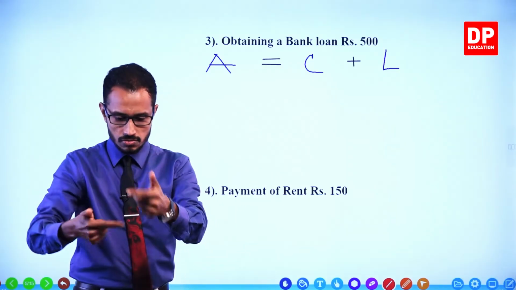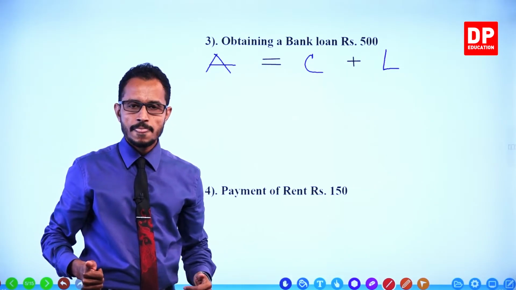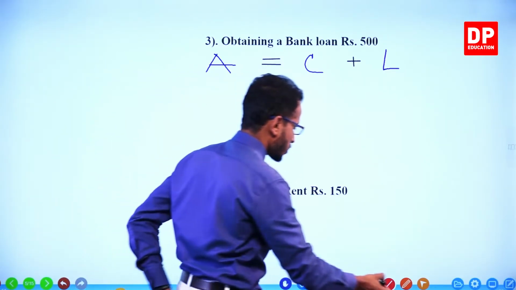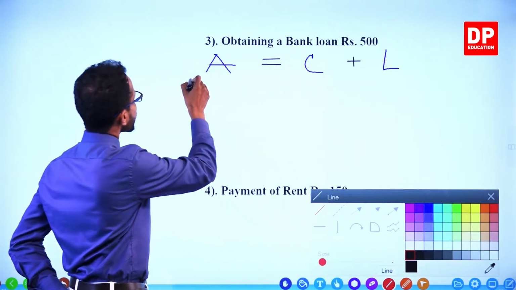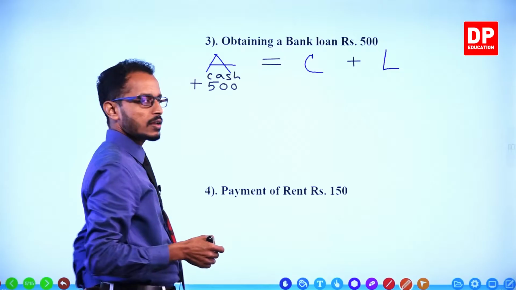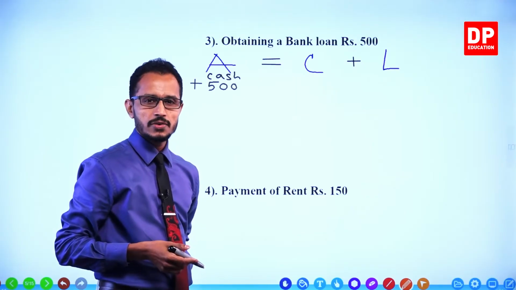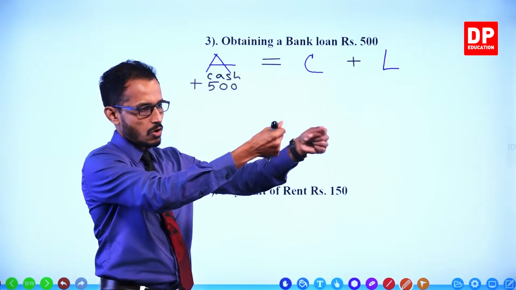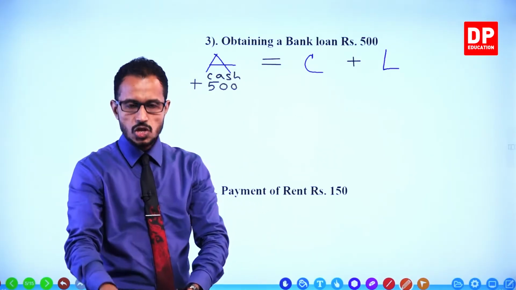Cash comes into the business. That's right. So the cash asset increases. Very good. Under assets, it should be plus 500 cash. Cash increasing 500 plus. Because cash comes into the business from the bank as a loan.